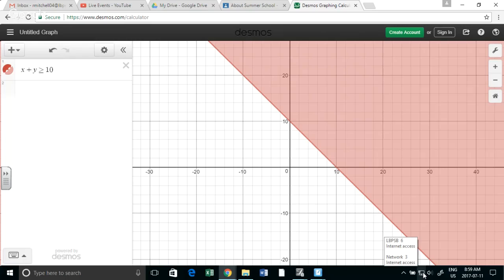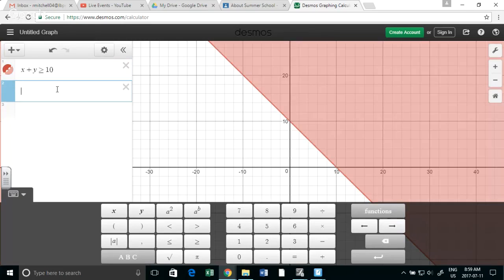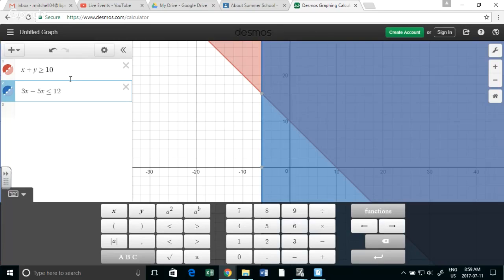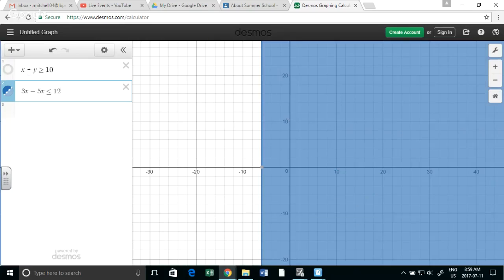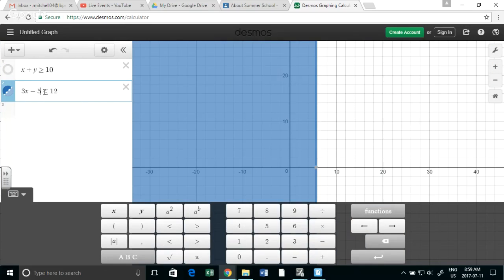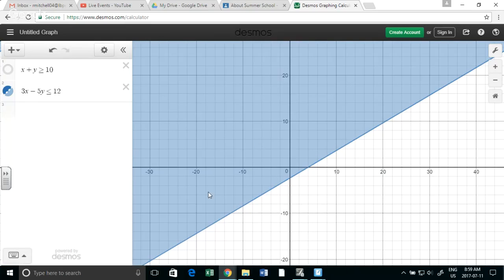Okay, so this could look different. This could be 3x minus 5y is less than or equal to 12. So notice here we still have two different regions of the plane.